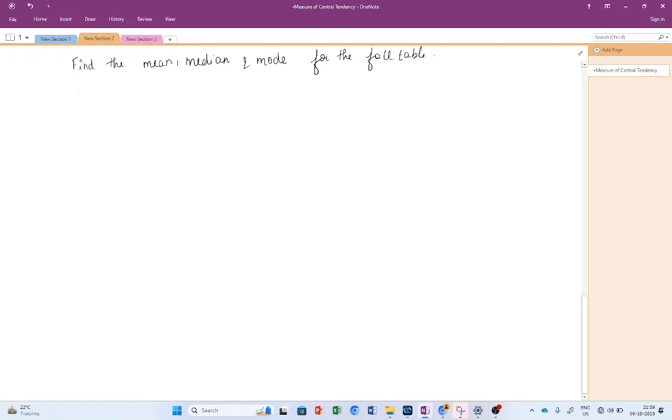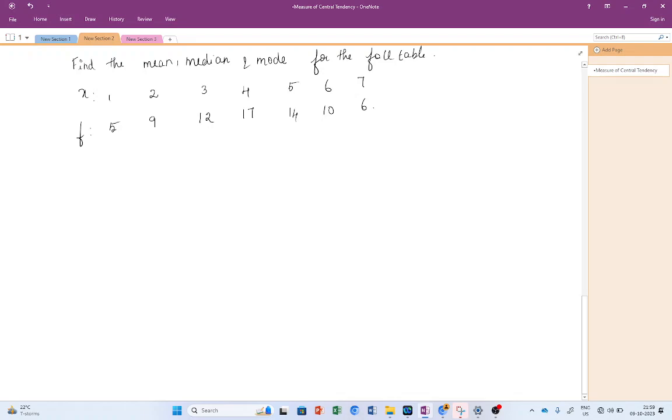Okay, so your x takes the value 1 to 7, 1 2 3 4 5 6 7. Your f will take the values 5 9 12 17 14 10 and 6. Okay, so this is your given data.